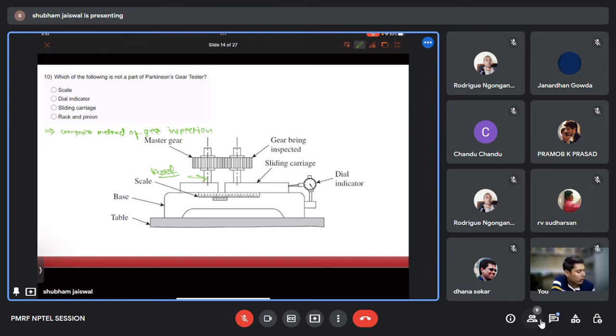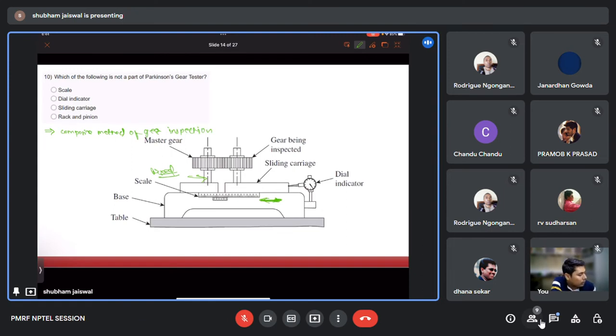When we rotate the master gear, the gear to be inspected will also rotate, and if there is any deviation, run out or change in the tooth profile, this sliding carriage will move here and there, and that deflection will be seen on the dial indicator.